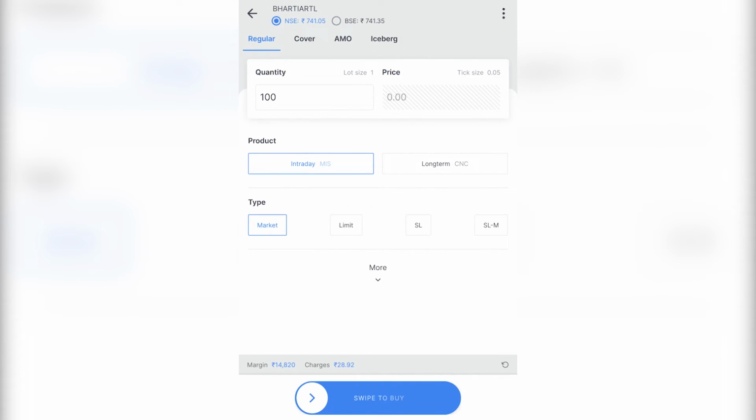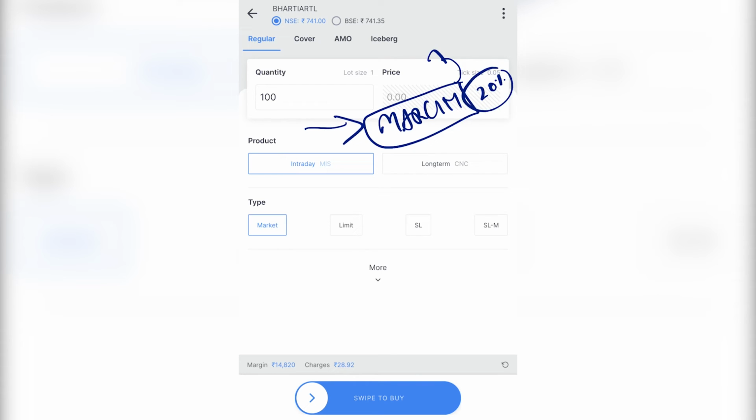So, quick recap: margin is not available on all stocks. SEBI and the broker will together decide, and the broker may have its own limits as well. So the margin which I am seeing as currently 20%, or 5x leverage, may change, may differ.